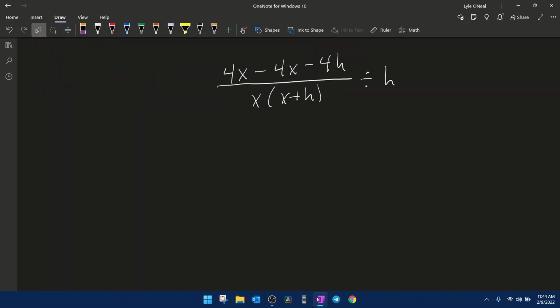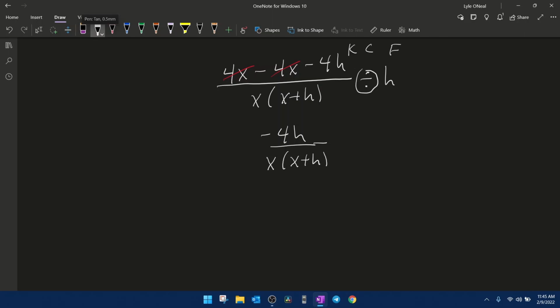All right, next step, we need to simplify. 4x minus 4x, those are going to cancel, leaving negative 4h over x times x plus h. And then remember I said we're going to do the keep change flip, the KCF.